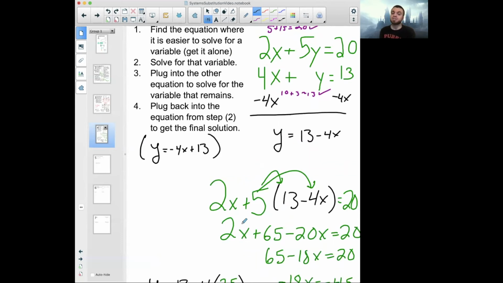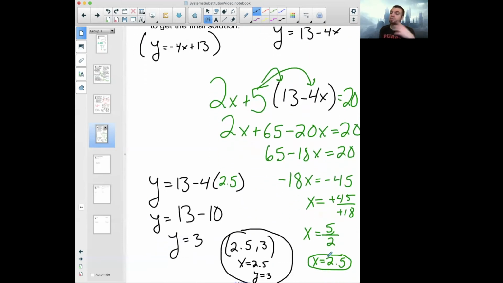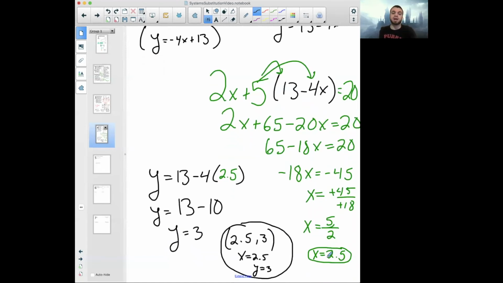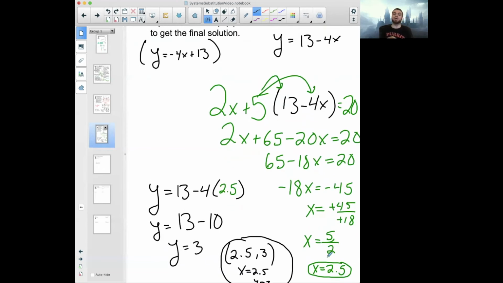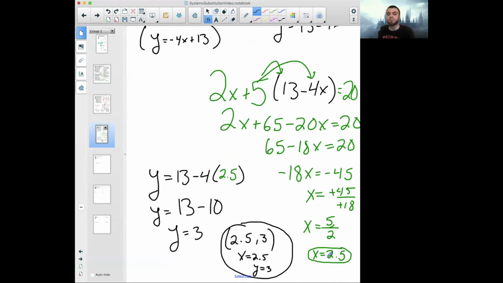That allowed us to get x alone and get a solution for x of 2.5. And then step 4, we plugged back into the original equation, y equals negative 4x plus 13, or 13 minus 4x, however you wrote it. And that gave us our value for y. Of course, we also did that unofficial 5th step of checking our work.